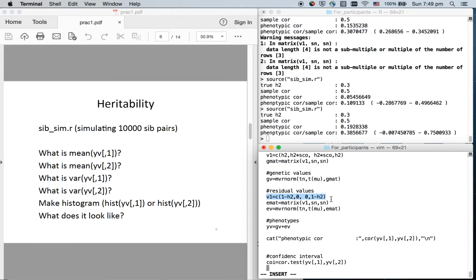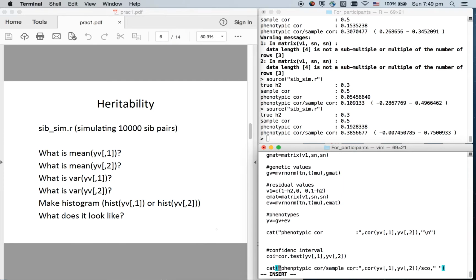And EV, the residual value, comes from a multivariate normal distribution. This is the number of records, this is the mean, and this is the residual structure here. Then the phenotype is according to the equation V equals G plus E, the sum of genetic value and residual value.